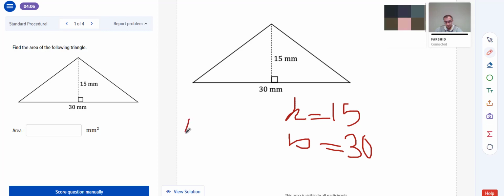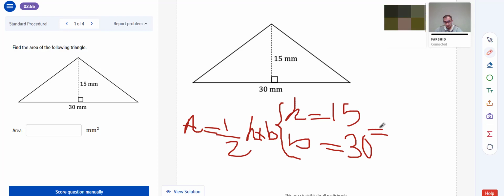The relation for the area is half of the height by base. And using this information, you can conclude that the area is 225 maybe.